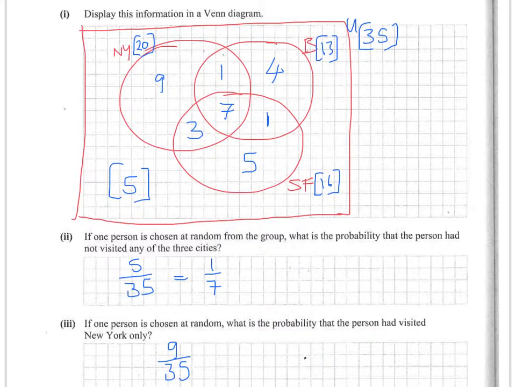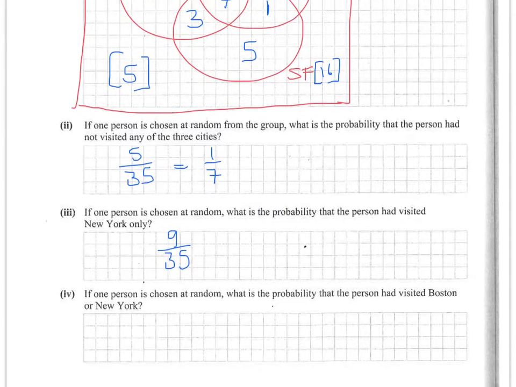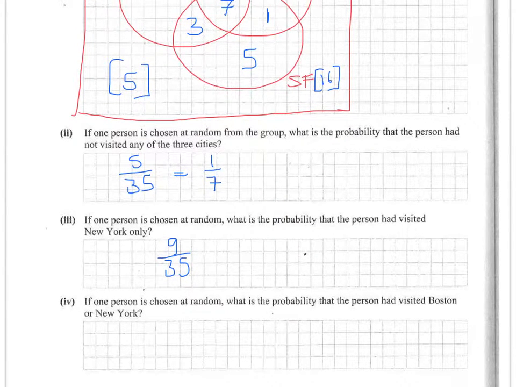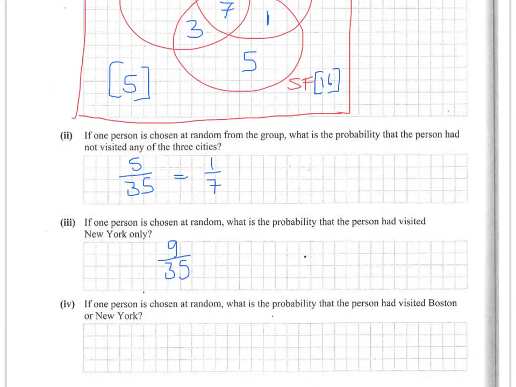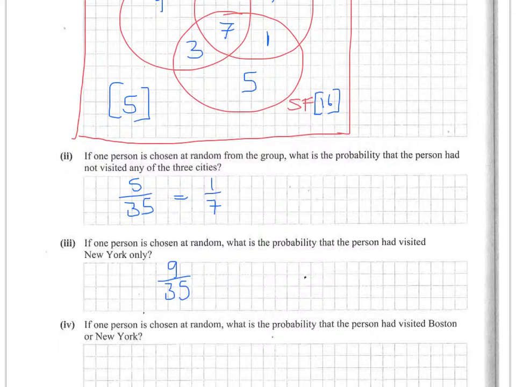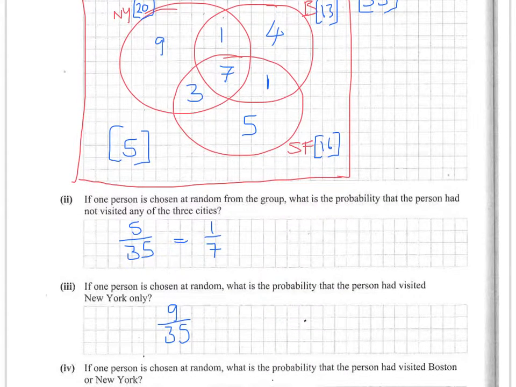And lastly, one person is chosen at random. What's the probability the person visited Boston or New York? So or is a union. If we actually look at the Venn diagram again, Boston or New York. So what we're talking about here is there's Boston, there's New York.